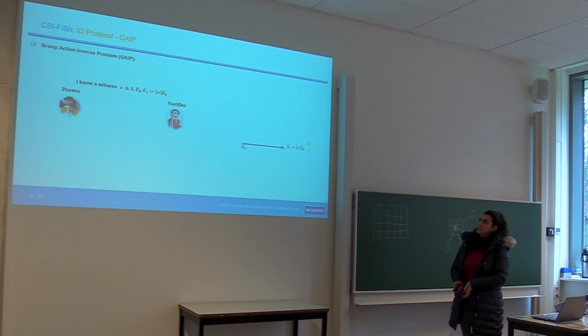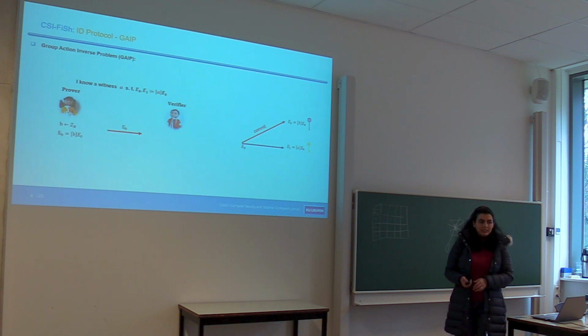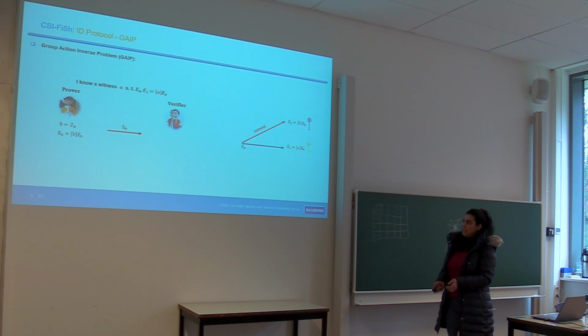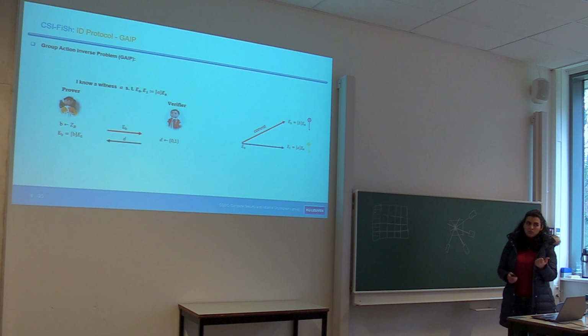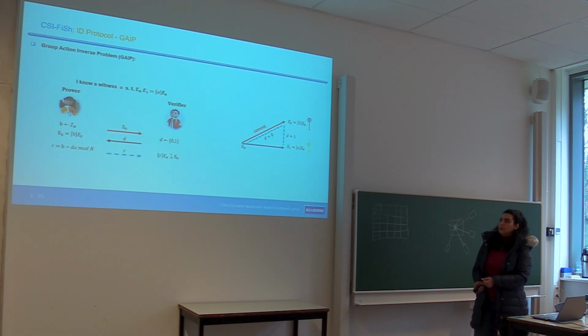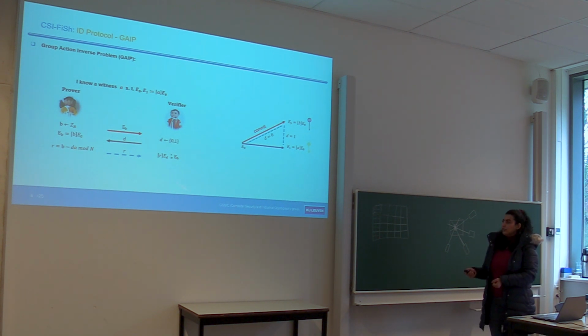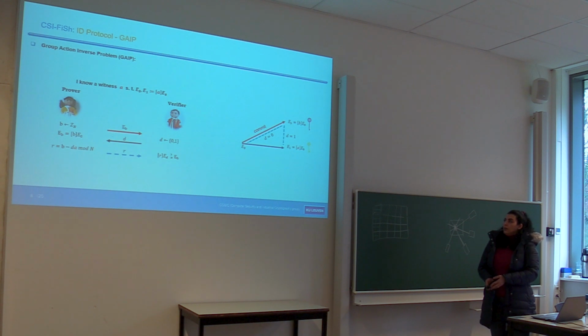So she picks a random b, commits to it, and then gets a binary challenge, 0 or 1, from the verifier, and opens b minus ca mod N. Then the verifier checks with this equation and accepts or rejects. With this, the soundness rate is 1/2.